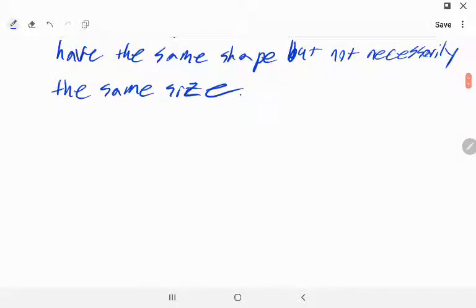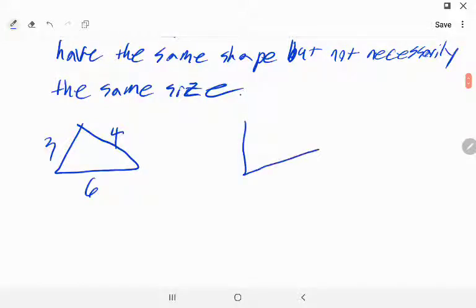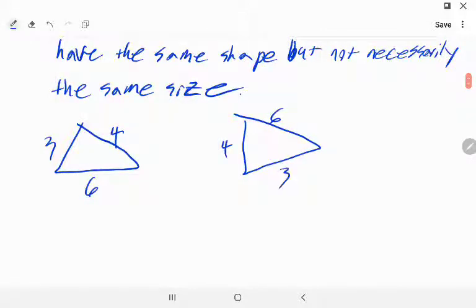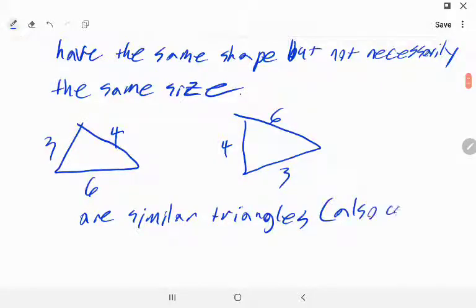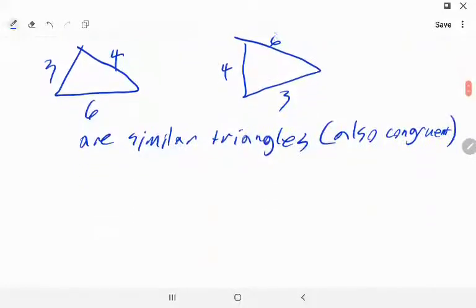So we notice that if we drew a triangle that was 3, 4, 6, and another triangle that was 6, 4, 3, we notice that these are similar because they have the same shape. They're also congruent, but we'll get to that later. They're the same triangle, just changed in orientation a little bit.